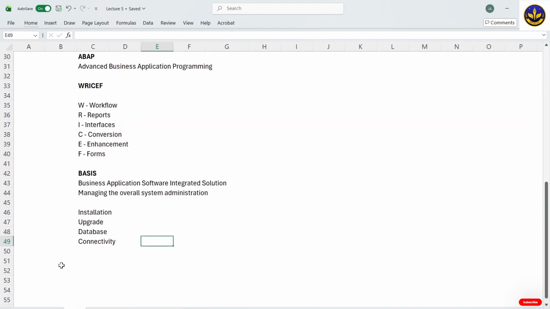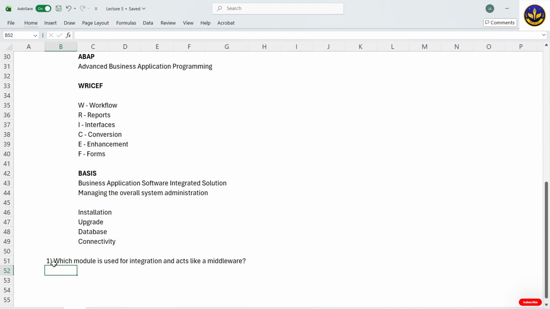Okay, let's jump to our question section. The first question is: which module is used for integration and acts like a middleware?